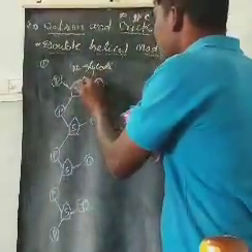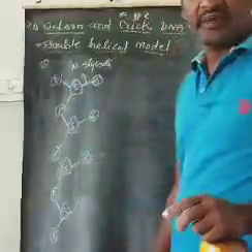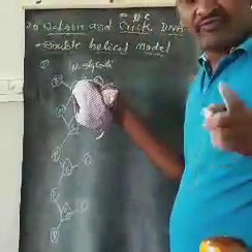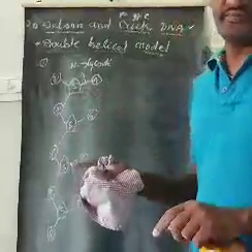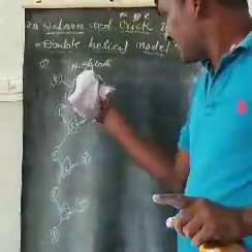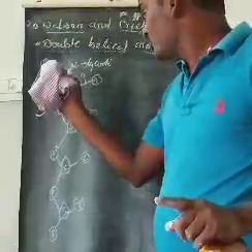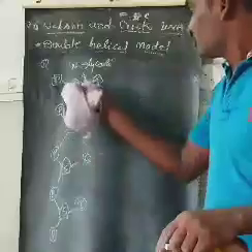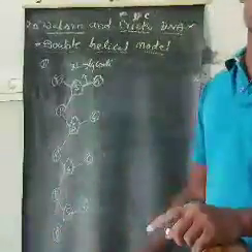That's why the nitrogen base pairs project toward the inside of the DNA molecule. So the inside has the nitrogen base pairs, and the outside has the backbone of the DNA molecule.